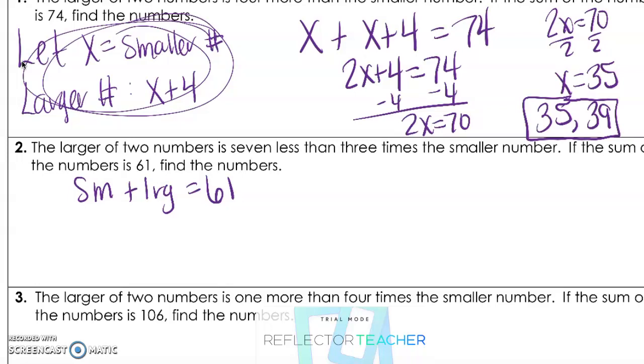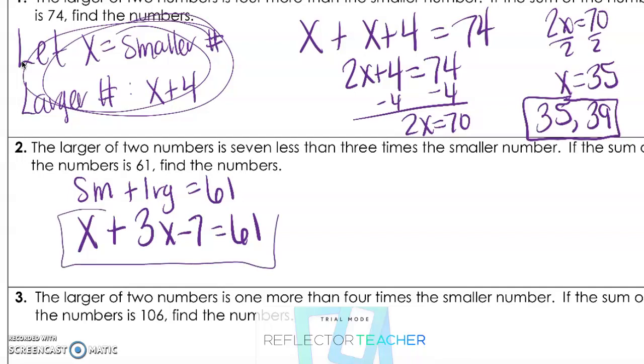The larger number is being described in terms of the smaller number, so you want your small number to be x. Your larger number is 7 less than 3 times the smaller one, so that is 3x minus 7. So x plus 3x minus 7 equals 61. Now this is the equation that you will solve.